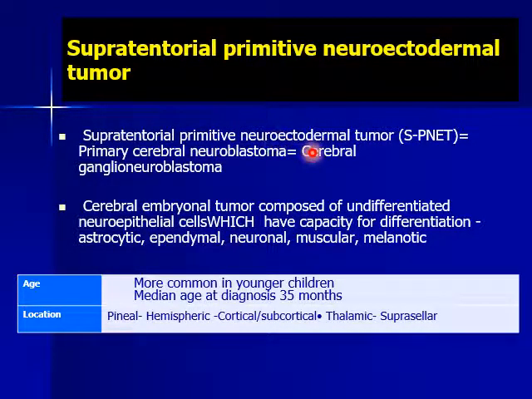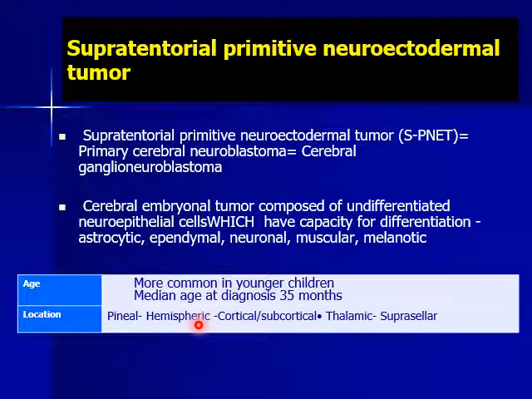Once you see neuroectodermal or blastoma, you think that it is of children, infants, and sometimes young adults. It is a cerebral embryonal tumor composed of undifferentiated neuroepithelial cells, which have the capacity for differentiation to astrocytic, ependymal, neuronal, muscular, and melanotic cells.